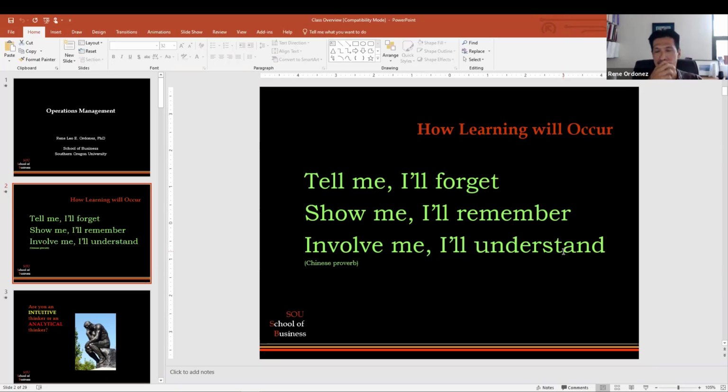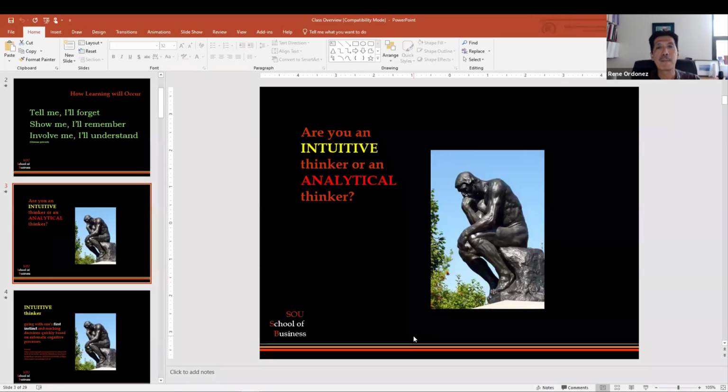All right, so the goal here is for us, as business managers, to be able to make decisions based on the tools that we have. So as far as decision makers are concerned, there are two kinds. There is the intuitive decision maker or thinker, and there is the analytical thinker.